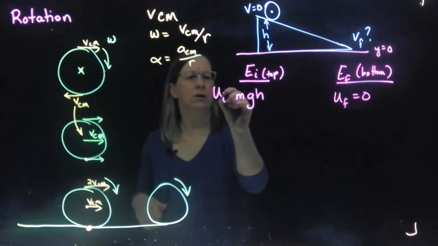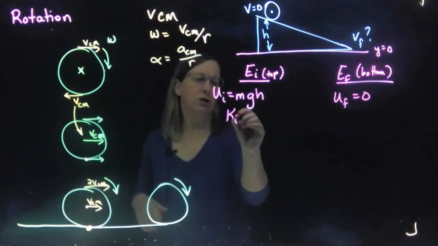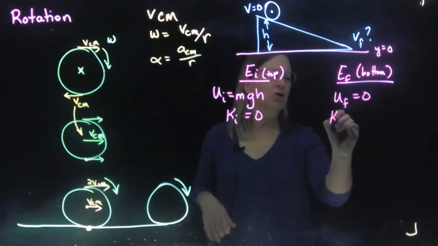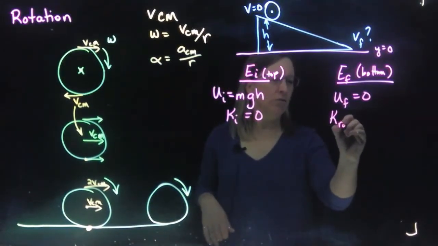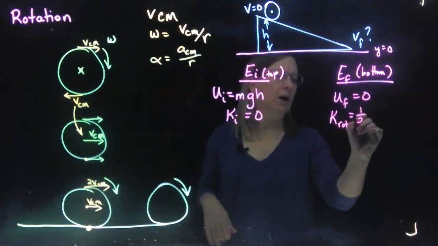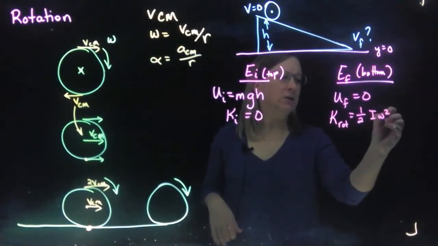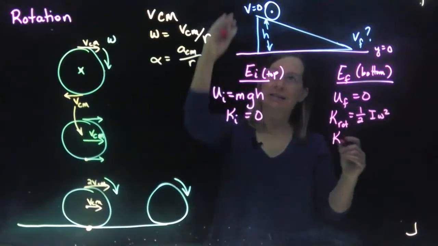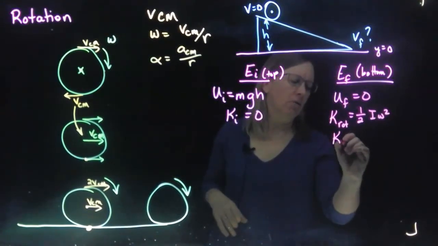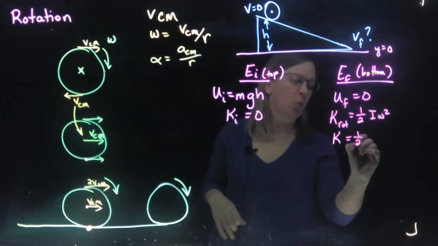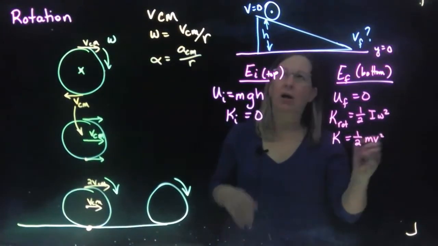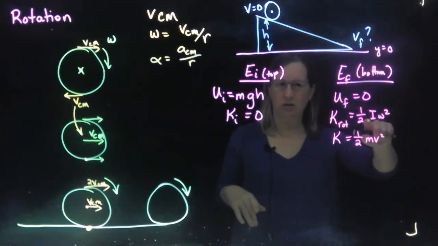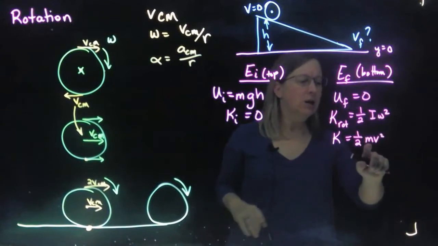Kinetic energy initial is equal to 0, and down here I need kinetic energy of rotation, which is 1/2 I omega squared, and translation of it moving linearly downhill, our normal 1/2 mv squared. We have both things, because if it were just rotating in place, we'd have just the first one. If it were just sliding, we would have this.